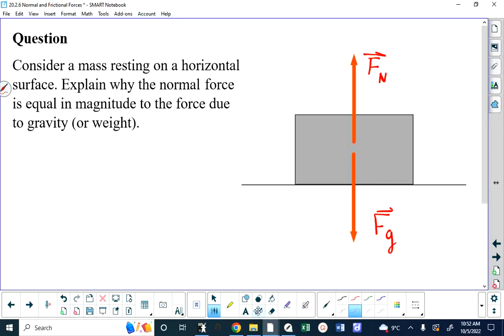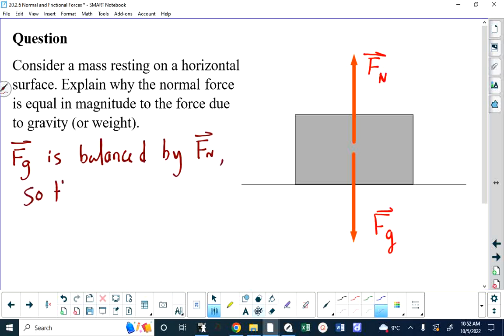The net force here, by the way, is 0. So I've kind of explained this. The answer to the question is Fg is balanced by the normal force, so they are equal but opposite.